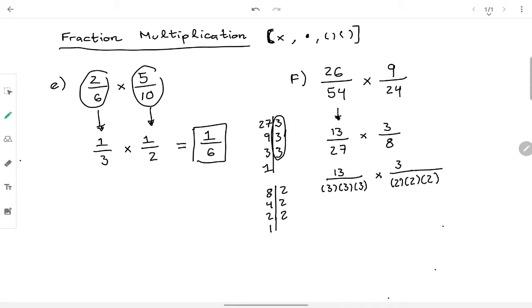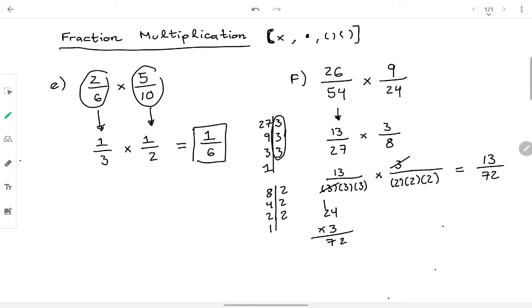We can eliminate the 3 of the top part with the 3 of the bottom part. So in the top part we will get 13. In the bottom part we will have 8 times 3 by 3. That will give us 24 multiplied by 3, that will give us 72.